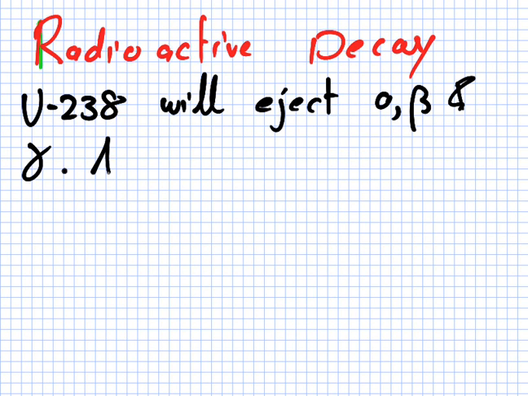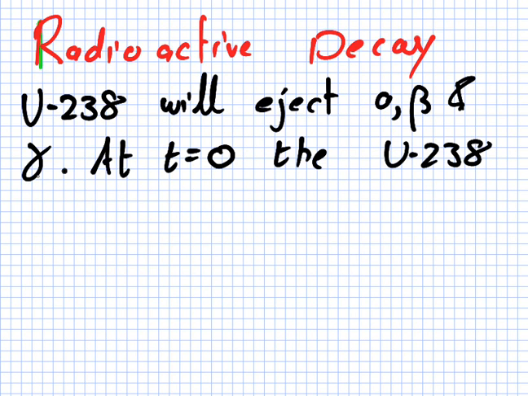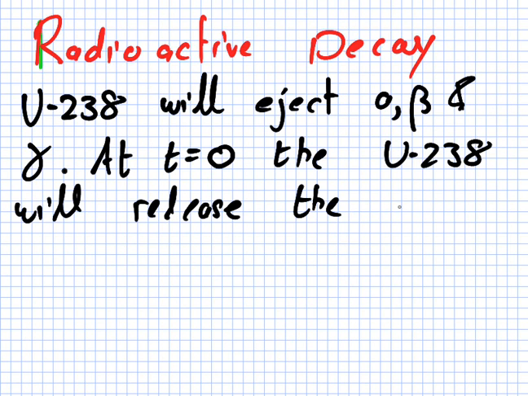So, at t equals 0, the U238 will release the most alpha, beta, gamma.